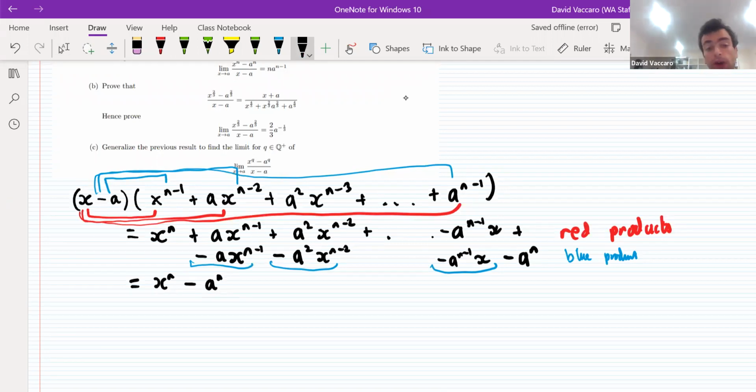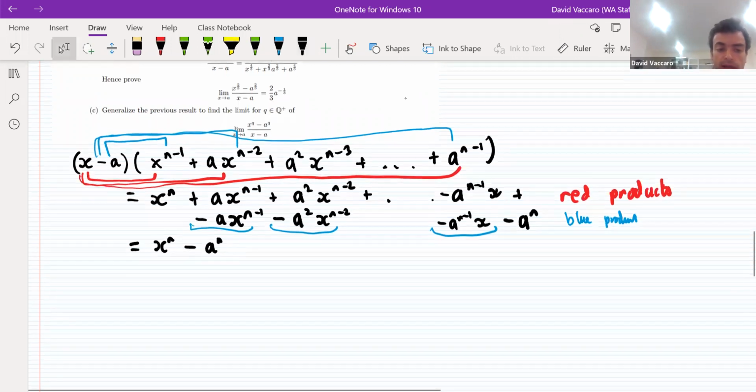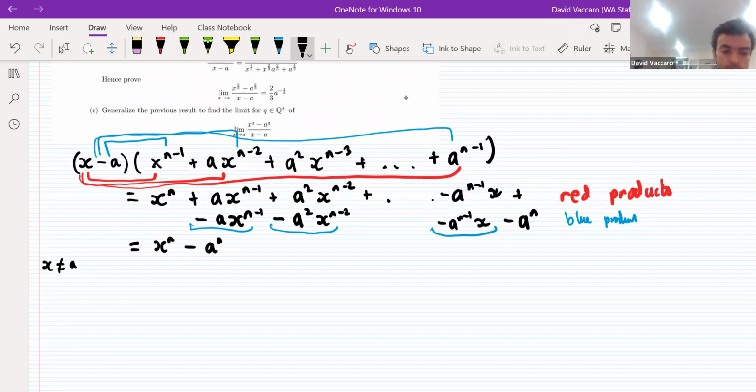There's loads and loads of other ways of writing it. I suppose my beef here is just trying to write this in an orderly way. And now that I've got this product, if x is not equal to a, I can divide by x minus a.